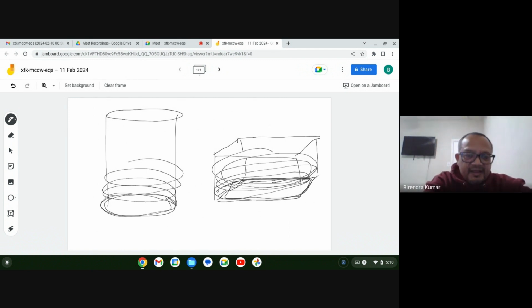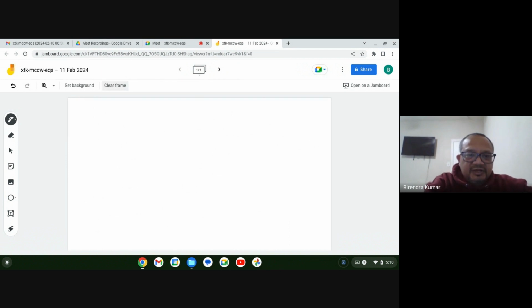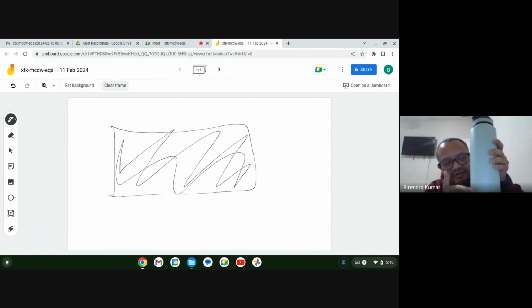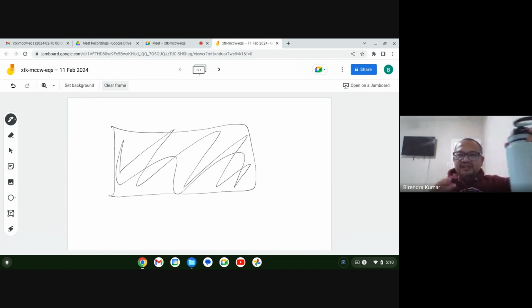So in case of solids, let me take a step back. If I'm talking about any shape on a piece of paper, I'm talking about area. When I'm talking about so many areas one after another, that makes a volume. This is the total space that it needs.